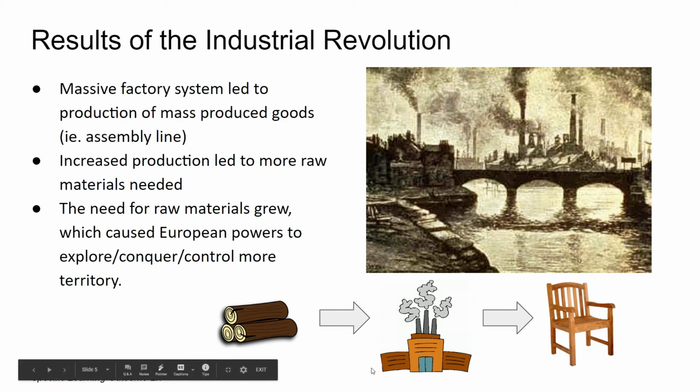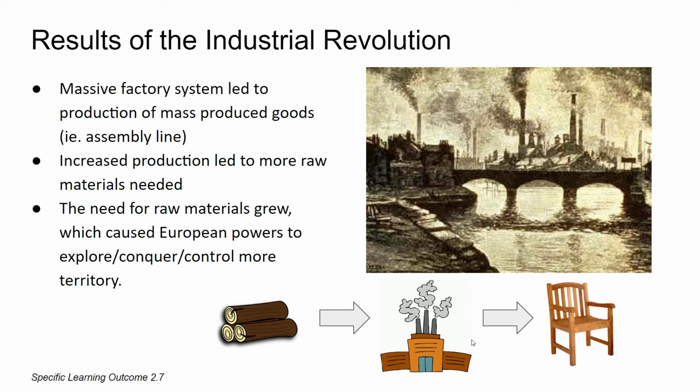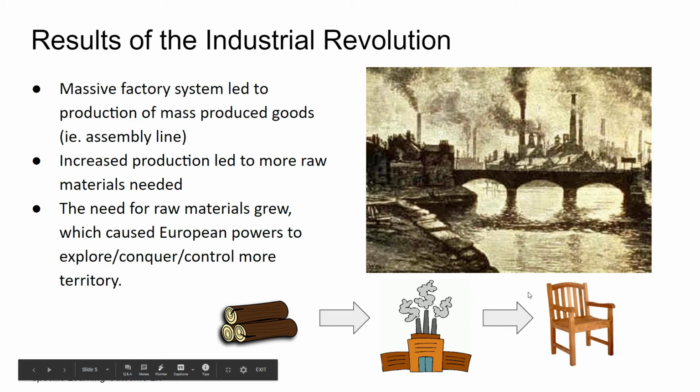Okay, so I included these little clip arts down here at the bottom because they show the natural progression. Let's take a good like timber, for example, that was harvested all across North America. It was then put on a boat and sent back to Europe for them to manufacture through a factory-based system, or basically an assembly line. And then it would produce these massively produced goods. For example, I used a wooden chair.